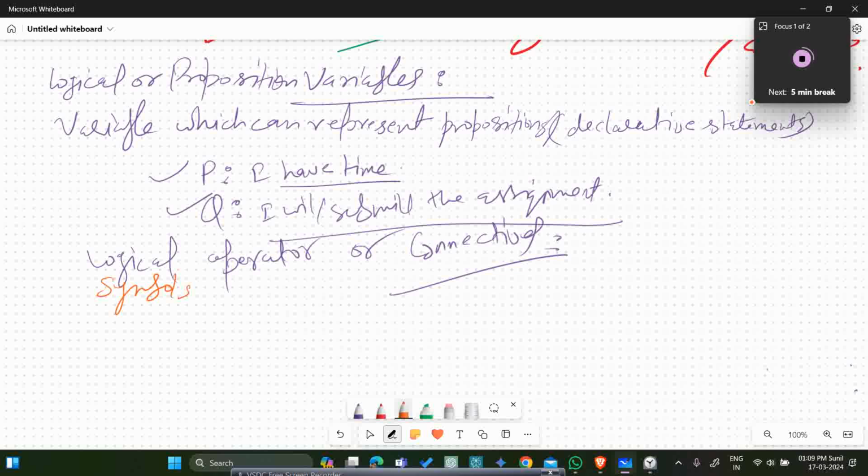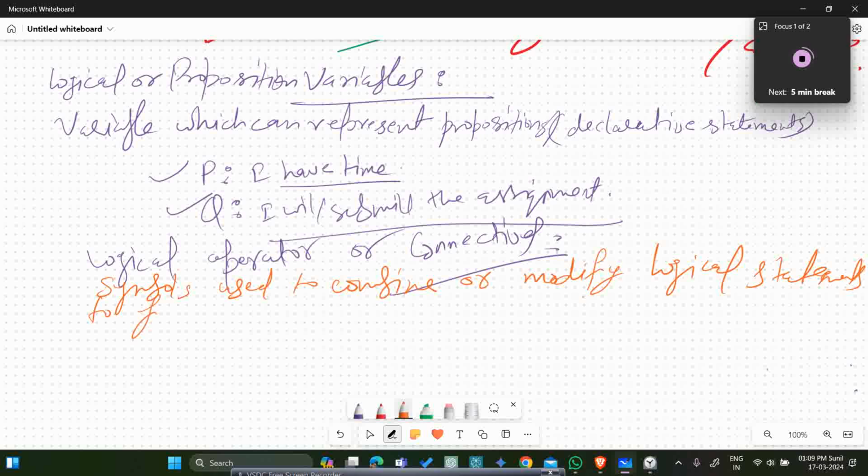Symbols used to combine or modify logical statements to form more complex statements.